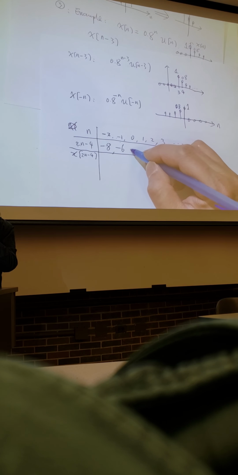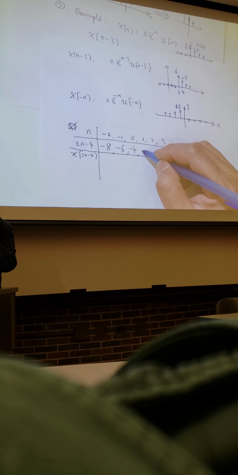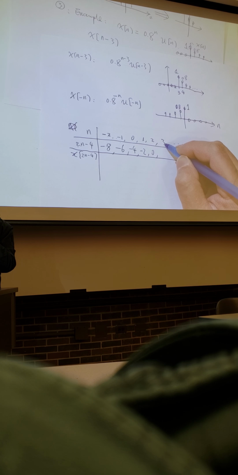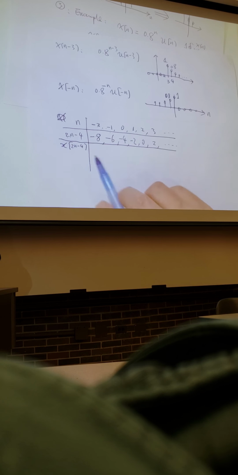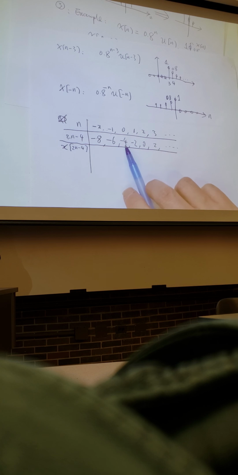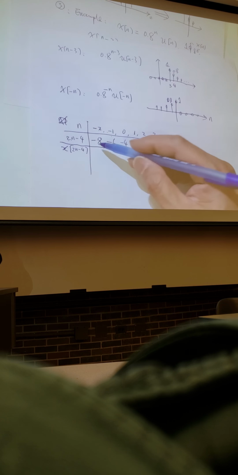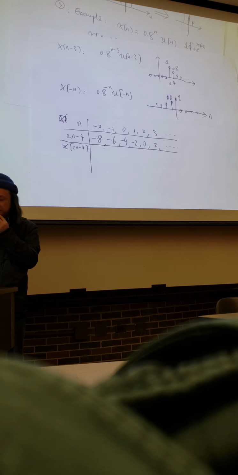For n equal to 2, 4 minus 4 is 0. For 3, you get 6 minus 4, which is 2. So 2n minus 4 gives all the even values, starting from negative 8, then negative 6, and so on.